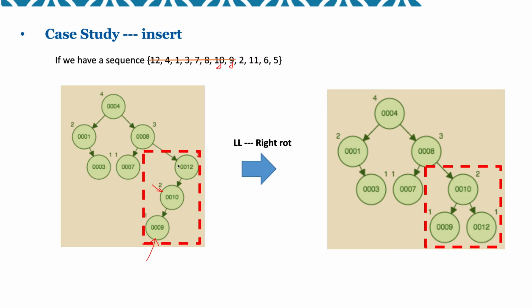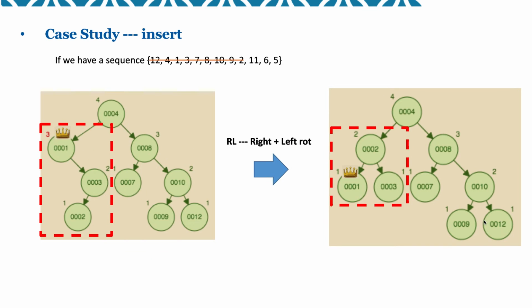So in this case, it is an LL situation. In an LL situation, a right rotation should be performed, right? Eventually, just put number 10 as the root node, and these 2 nodes attached to the left and right, respectively, right? Okay, so far so good.